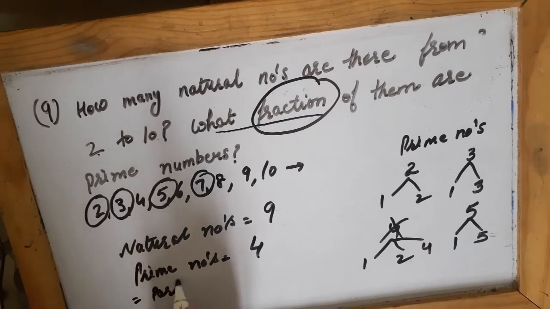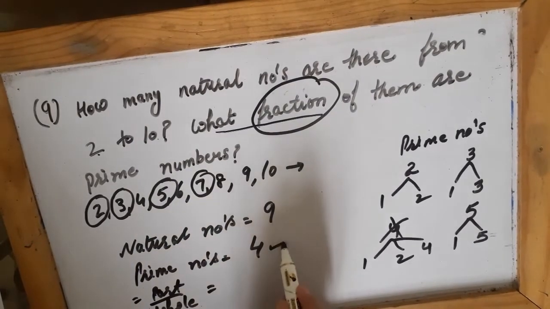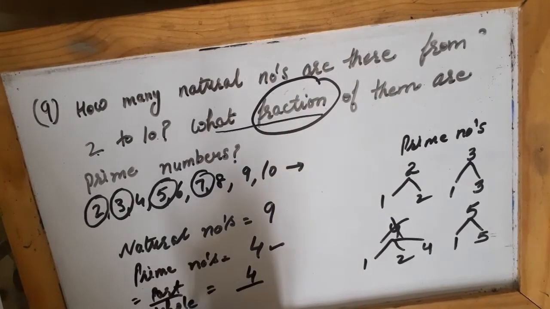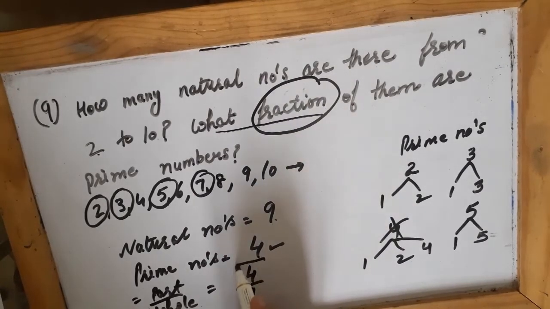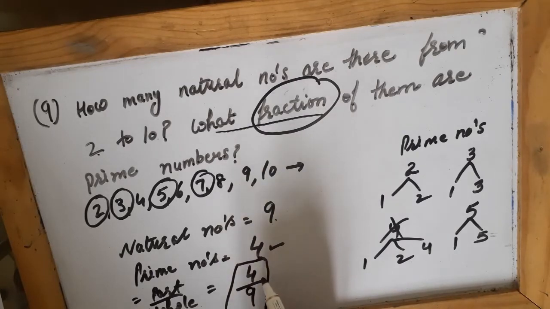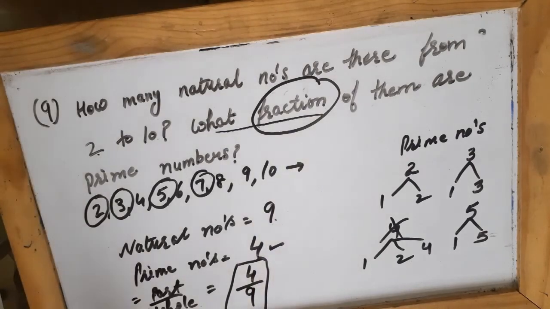It's a part over whole. So there are 4 prime numbers, and the whole is the total natural numbers from 2 to 10, which is 9. So this is my answer: there are 4 prime numbers out of a total of 9 natural numbers from 2 to 10.